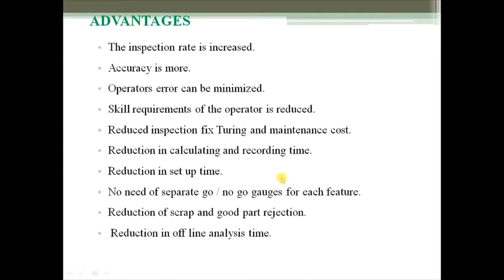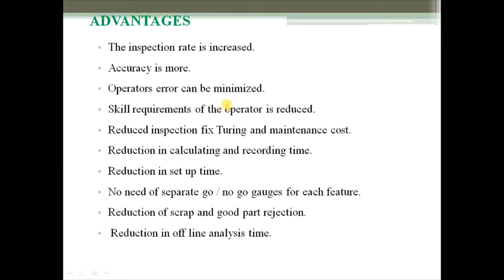The next point is that there is a reduction of scrap, and one more advantage is a reduction in good part rejection. Because in manual inspection it may happen that a good part gets rejected, but in the CMM machine it is eliminated or reduced. And last, there is a reduction in offline analysis time. So these are the advantages of CMM machine.